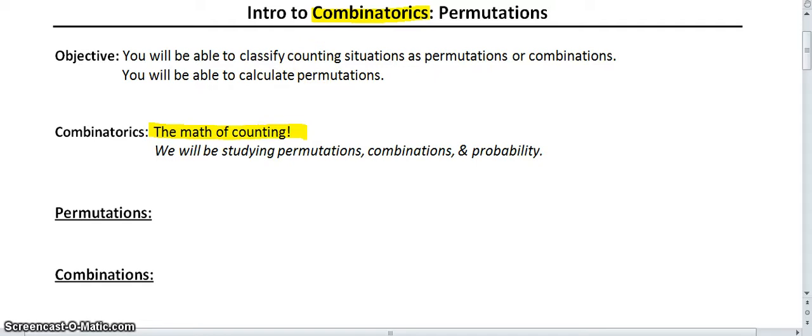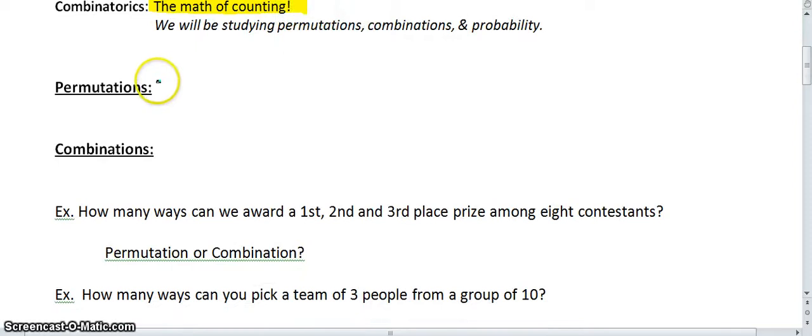So I said these words a lot, but you're probably wondering what a permutation and a combination are. So let's talk about that first before we get into some problems. A permutation and a combination are both a way of counting things.